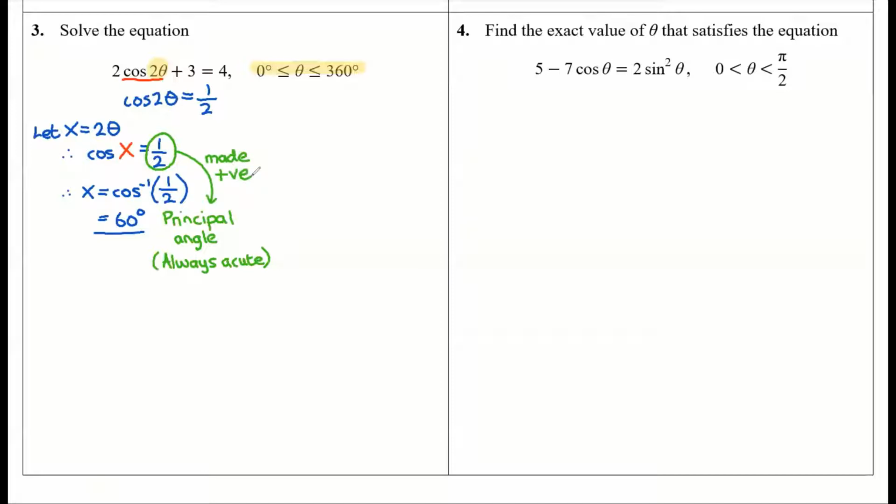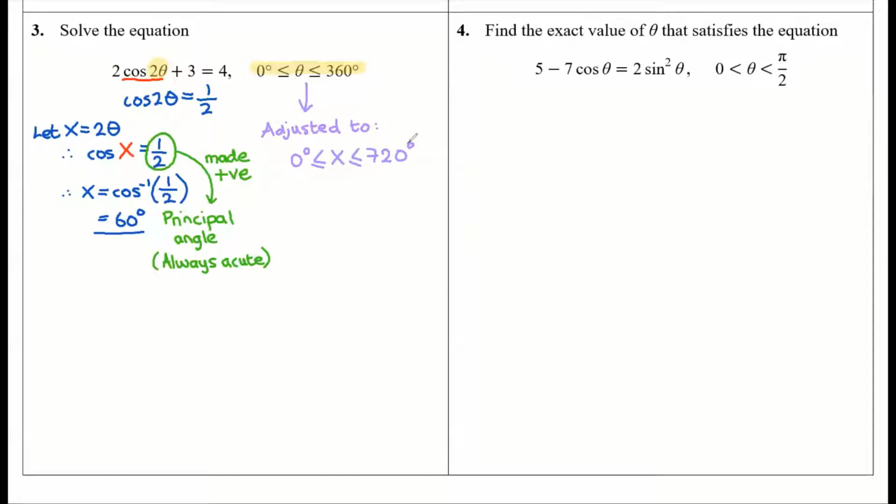We adjusted our interval for X in question 2. So let's make a note of our adjusted interval. So this was adjusted to all angles between 0 and 720. Which makes sense. All right.